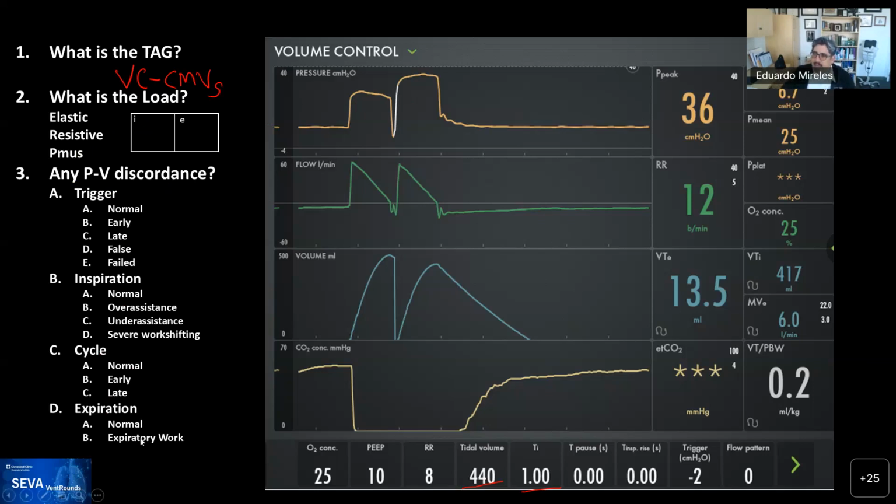And I'll ask our team to start thinking about this. This is a key waveform, and actually this is from a true patient. I was running around, and this is the first waveform that appeared in front of my eyes. So have no fear. This is not a simple one.